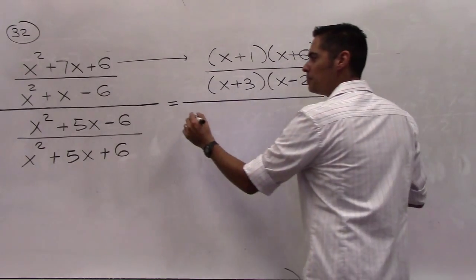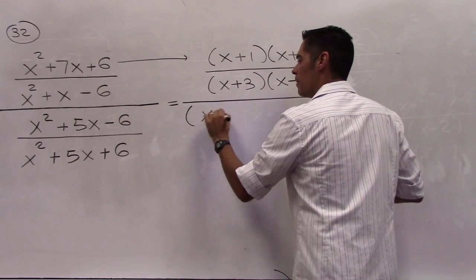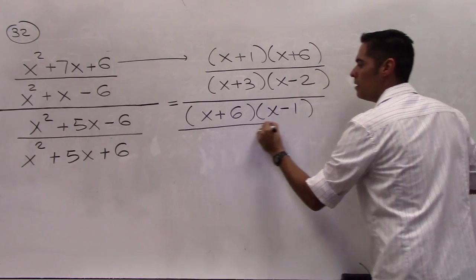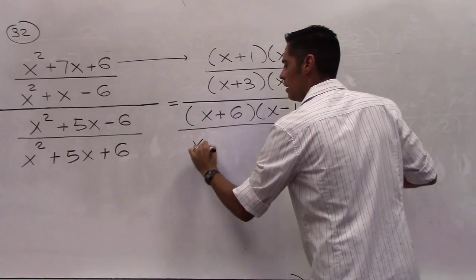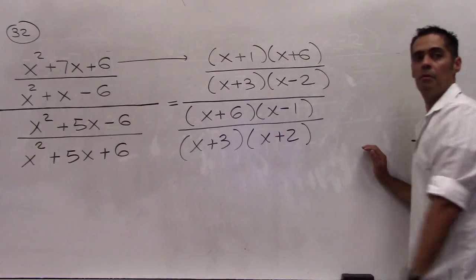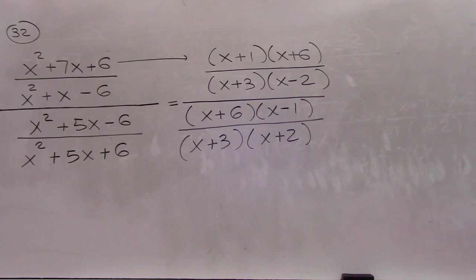Next one, X plus 6, X minus 1. And finally, X plus 3, X plus 2. There we go. I wasn't really paying attention. Does everyone agree? I trust you, but yes?